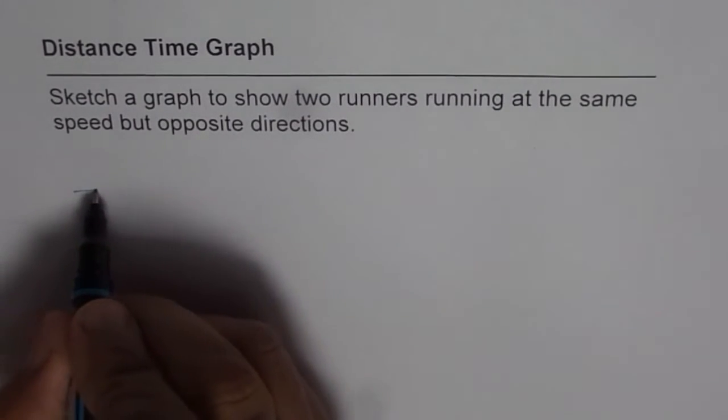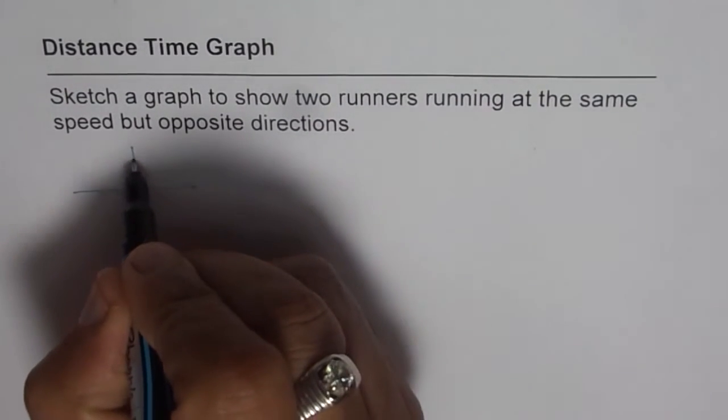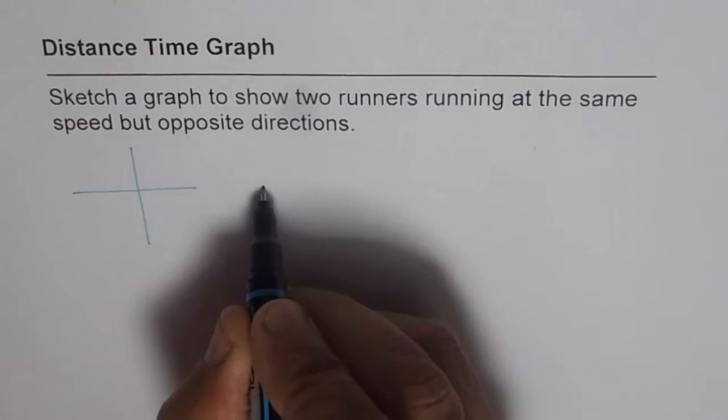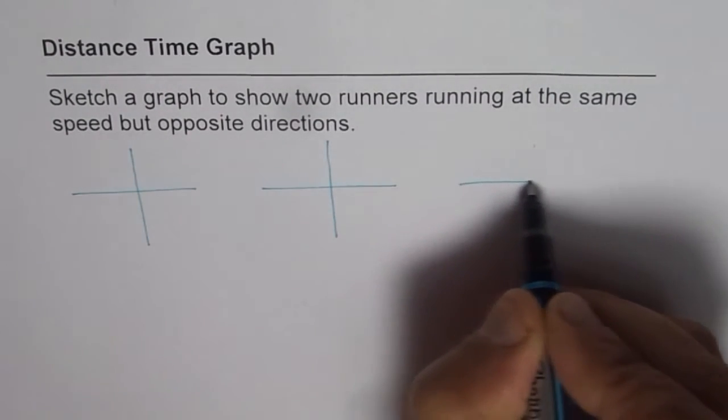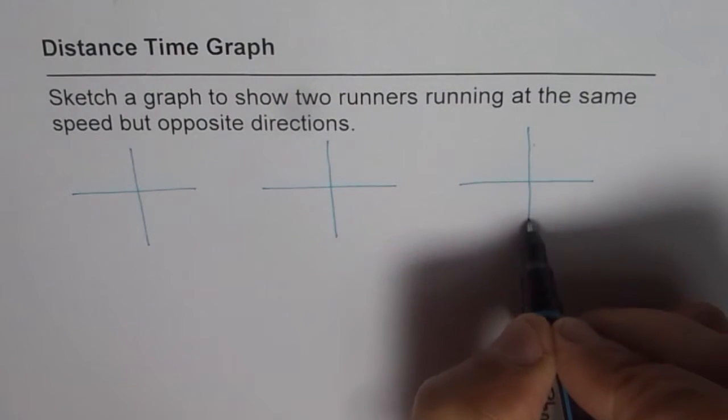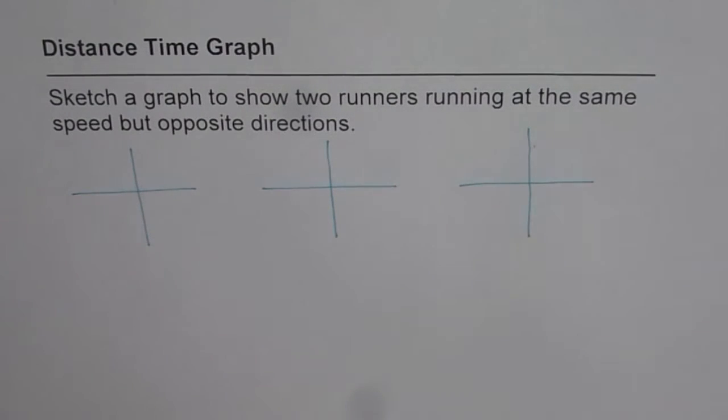Now what I'm going to do here is sketch a few graphs. Some of them may be correct, some of them may not be correct. Now you have to identify whether these graphs really represent two runners running at the same speed but opposite direction or not.